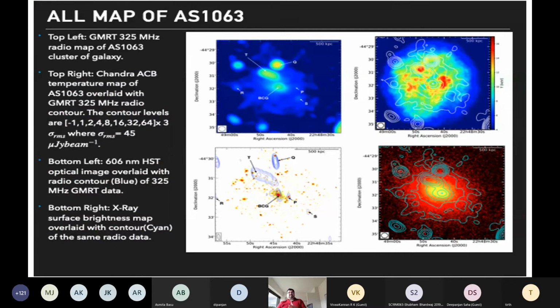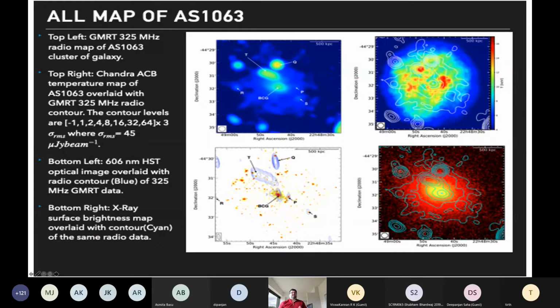This is another kind of study. This is looking at the largest possible bound structures, galaxy clusters, in this case Abell Southern Cluster 1063, where you are looking at the radio image from GMRT, which is here. Then you have the X-ray contours from Chandra and an optical image in the background.